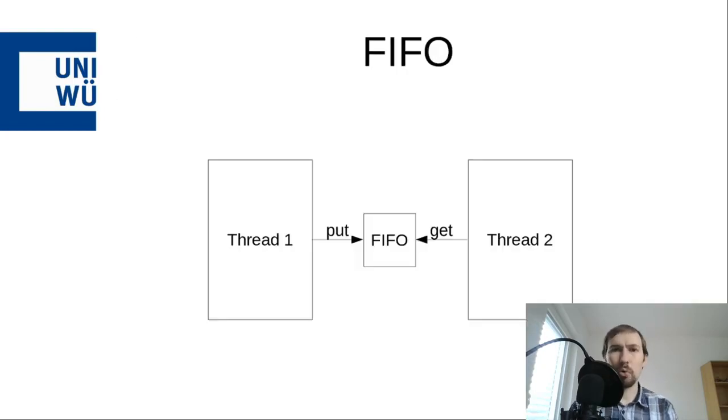In the next approach, we're going to use a FIFO. Rodos already comes with a FIFO class that you can use for exchanging data between different threads. The idea here is that we instantiate a FIFO object, and all the threads that want to communicate with each other just put data into the FIFO and read data from the FIFO.